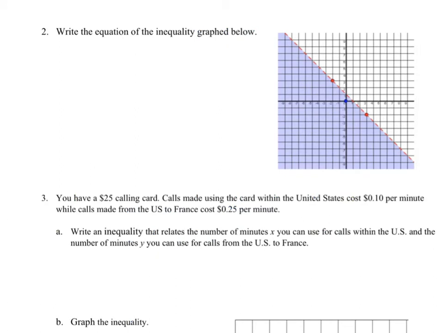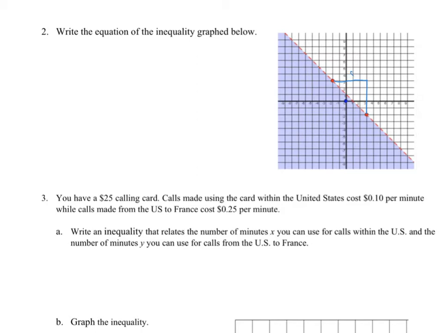In this next example, we have an inequality shown, and we are going to write the inequality that is graphed. So if we find the slope of this line, I'm going to use the 2 points that are highlighted for us. I'm getting a rise and run of both 5. 1, 2, 3, 4, 5.